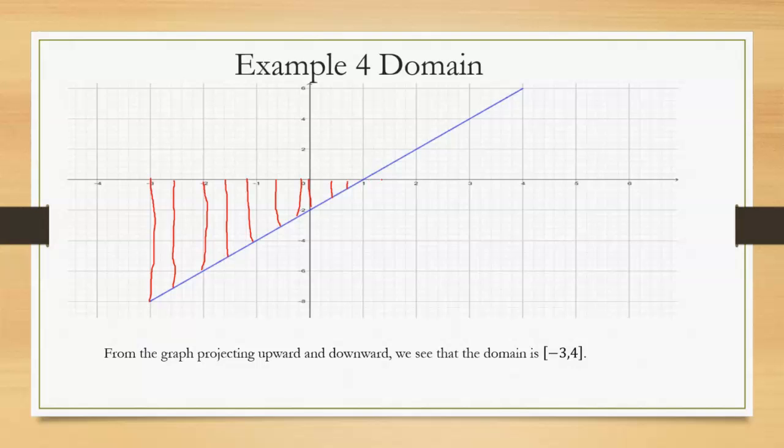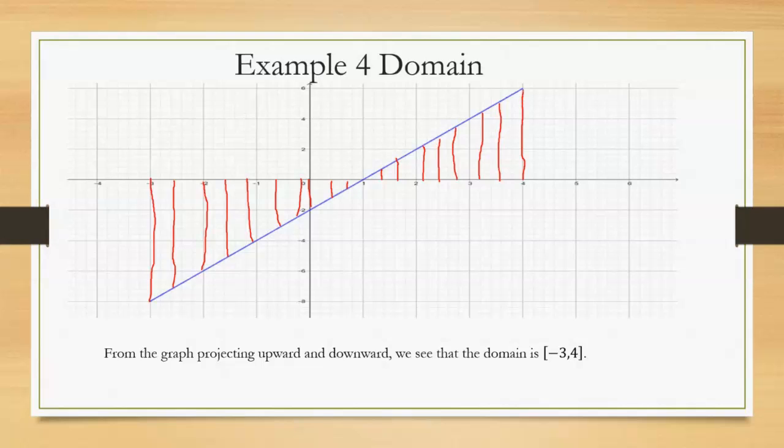We keep on doing this past that point of intersection. Now this part of the x-axis is below the graph, so it's still in the domain. That's okay. Nothing wrong with that. We keep on going. I know these lines are supposed to be vertical, but bear with me.